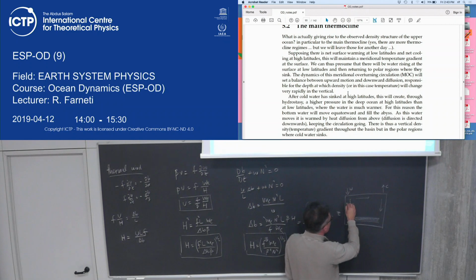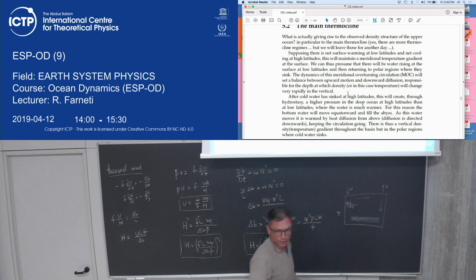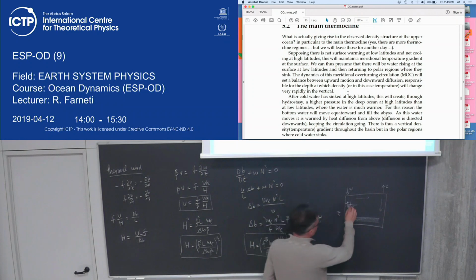And so it will start to rise to the surface. There will be some upward motion and there will be some diffusion, kappa, between the warm water here and the cold water.